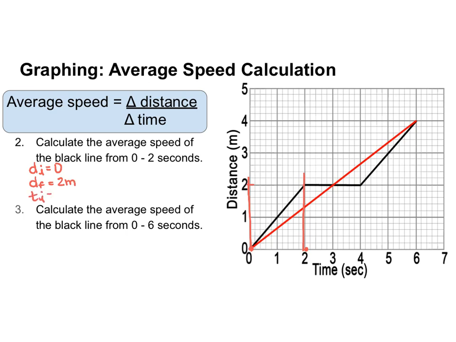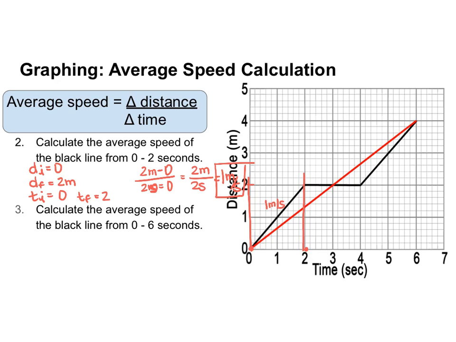So our initial time is 0, final time is 2. And then we'll do our math. So we're going to take final minus initial over final minus initial. I'm sorry, that's seconds. So it's 2 meters per 2 seconds, which is going to be 1 meter per second. Okay. So my average speed for this first part of the graph is 1 meter per second.